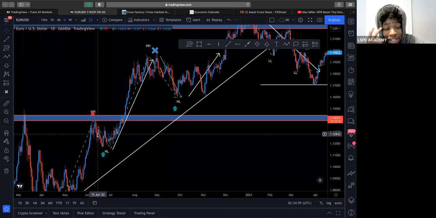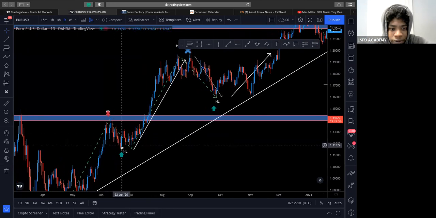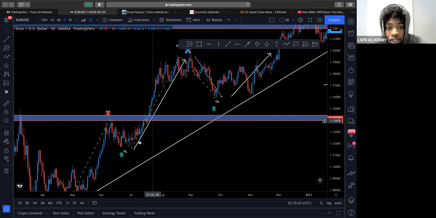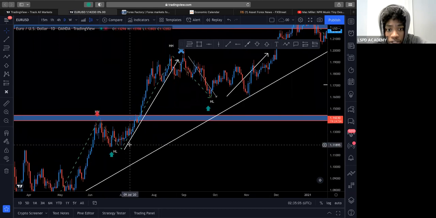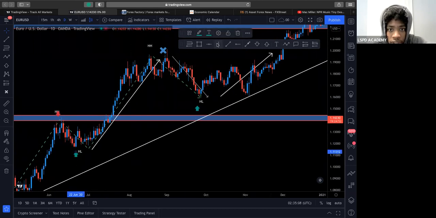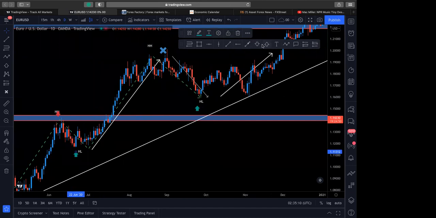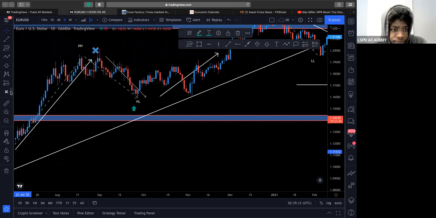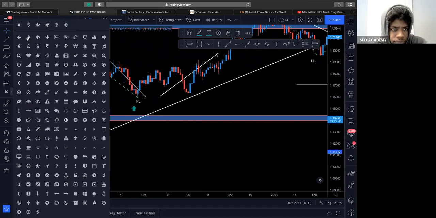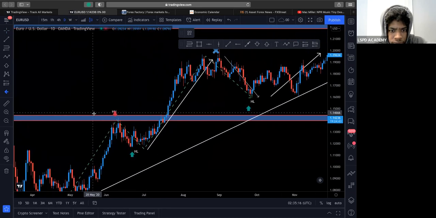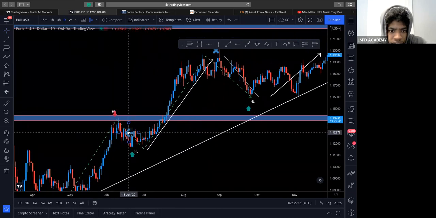It's understanding your trading psychology when, let's just say, you know where price is going to go, but you entered, let's just say you enter price like right here.